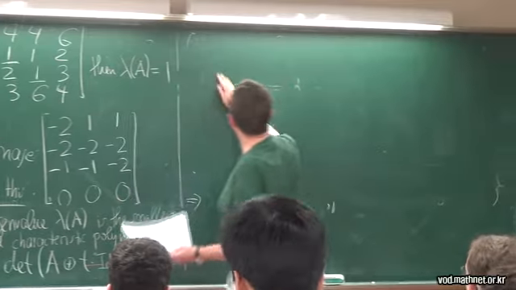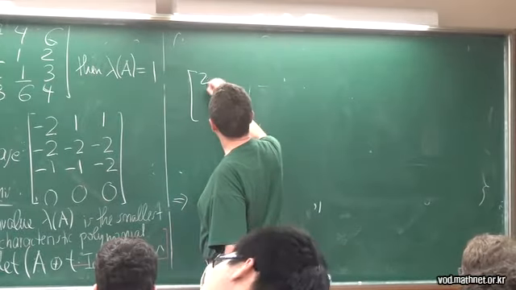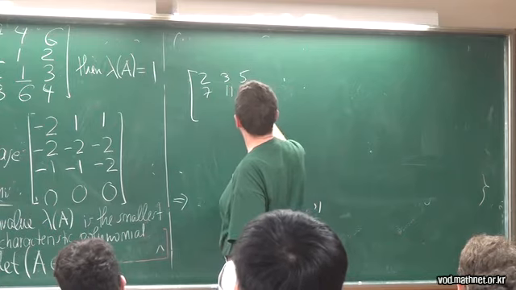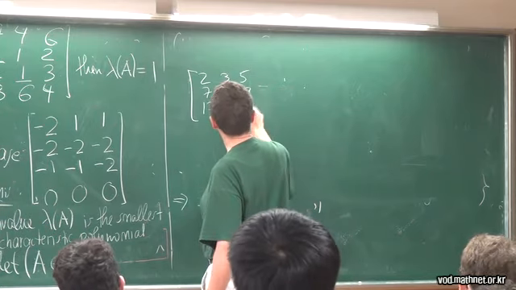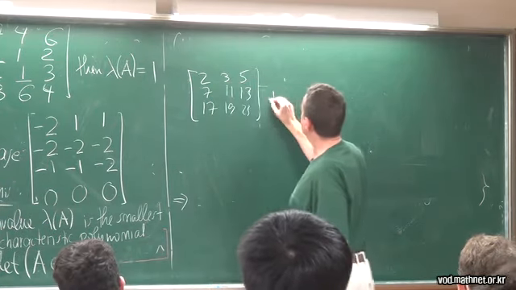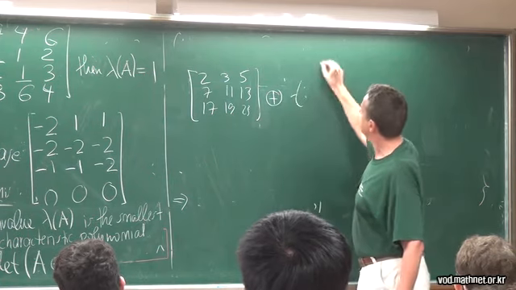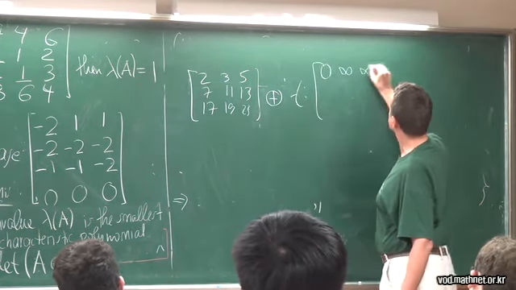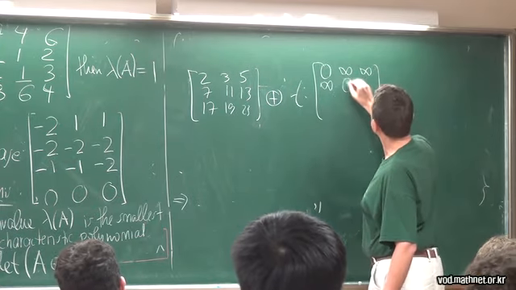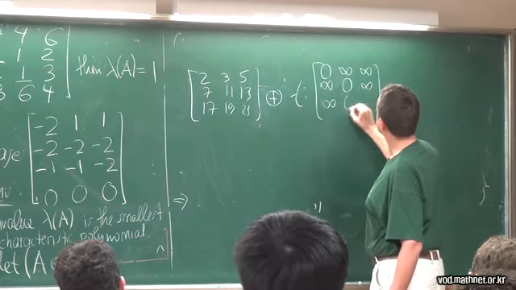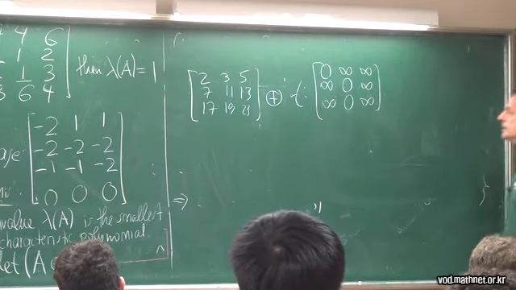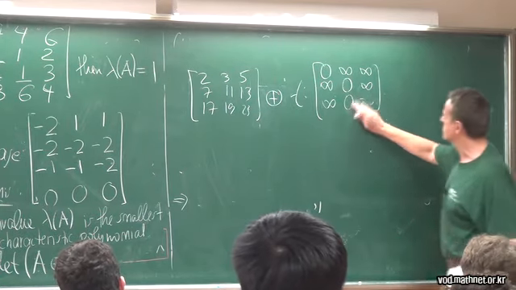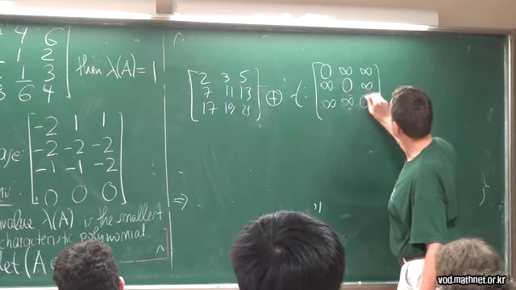So it's clear. For example, let's take this matrix, 2, 3, 5, 7, 11, 23, my favorite matrix, plus t times the identity matrix. The identity matrix is 0, infinity, infinity, infinity, 0, infinity, infinity, infinity, 0. Oh, the last row is messed up, sorry.